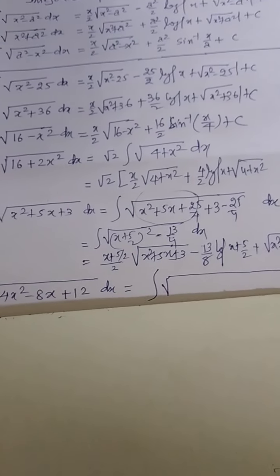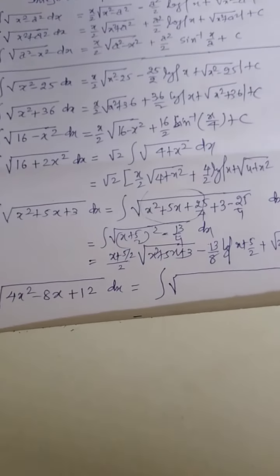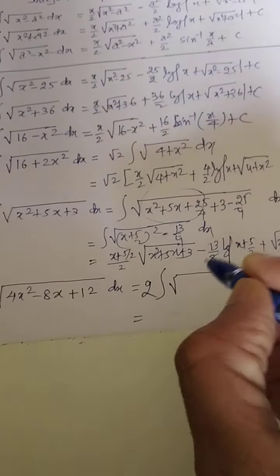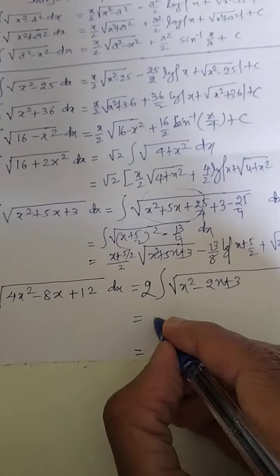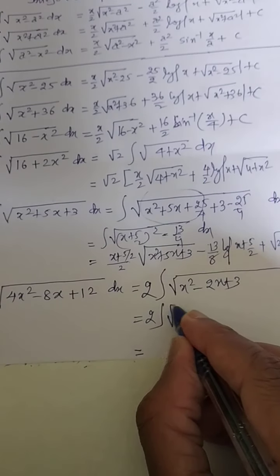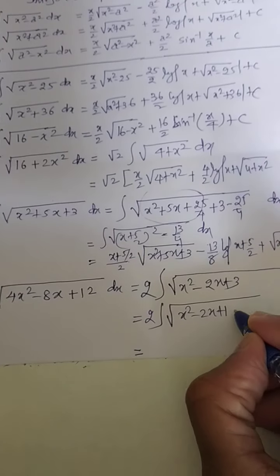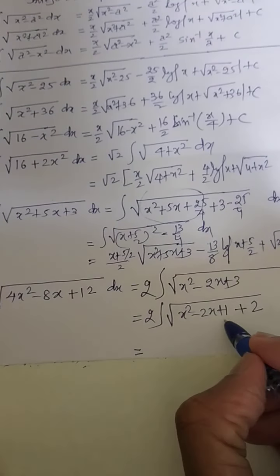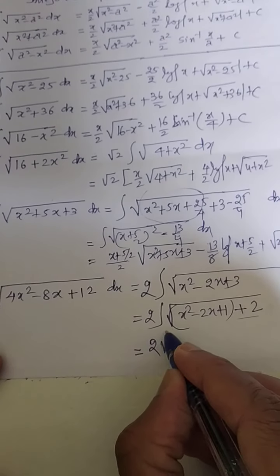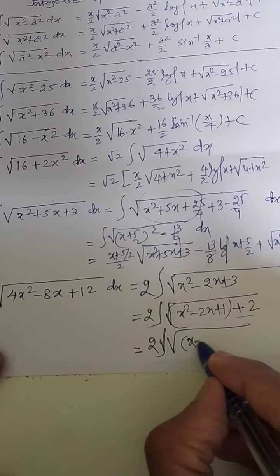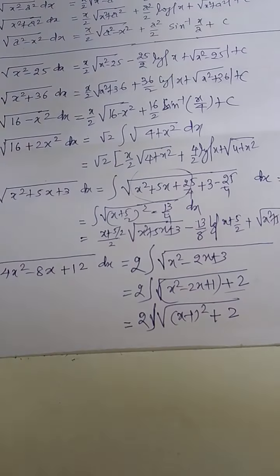Now here, step number 1: take out 4 common, it comes like this, 2 times x square minus 2x plus 3. Now the completing square method, remember what we learned earlier: minus 2x plus 1 plus 2. Do you follow? 3 I have split like that. This is a complete square. 2 as it is, integration of x minus 1 the whole square plus 2, that is x square plus a square.